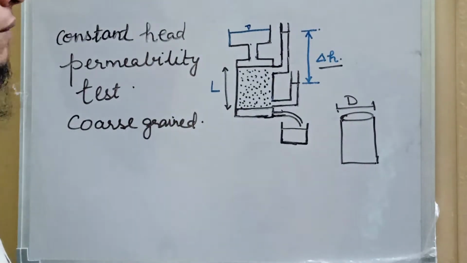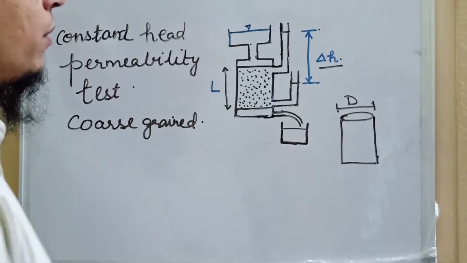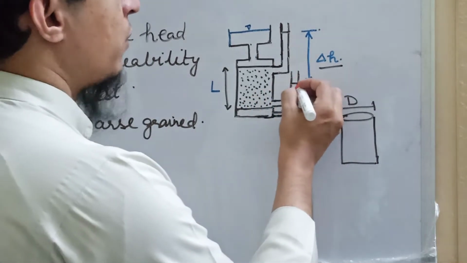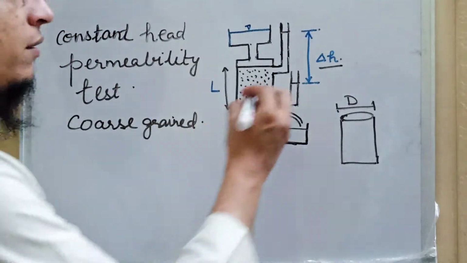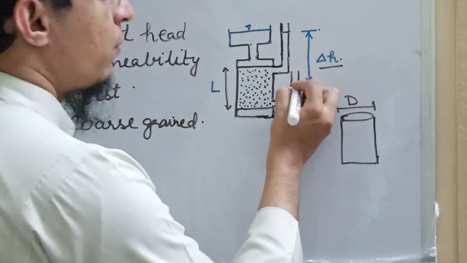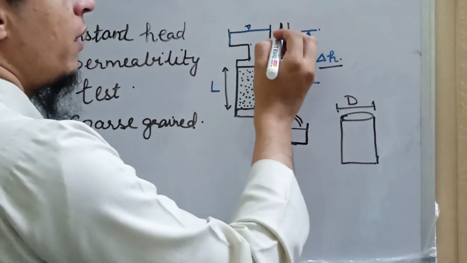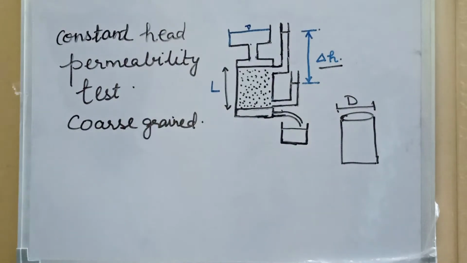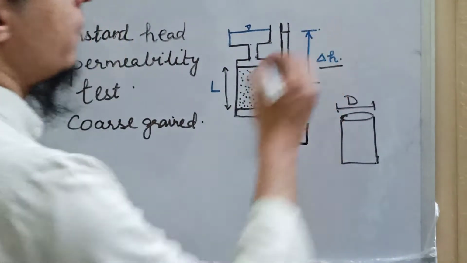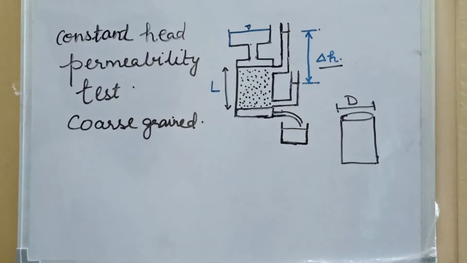For determining whether the steady state is achieved or not, we should see that the head fluctuations in the piezometric head should be zero. That is, this head should be constant here and constant at this point also. In both the piezometers the head should be constant. Then only we should start taking the reading, that is the difference between the two piezometric heads.